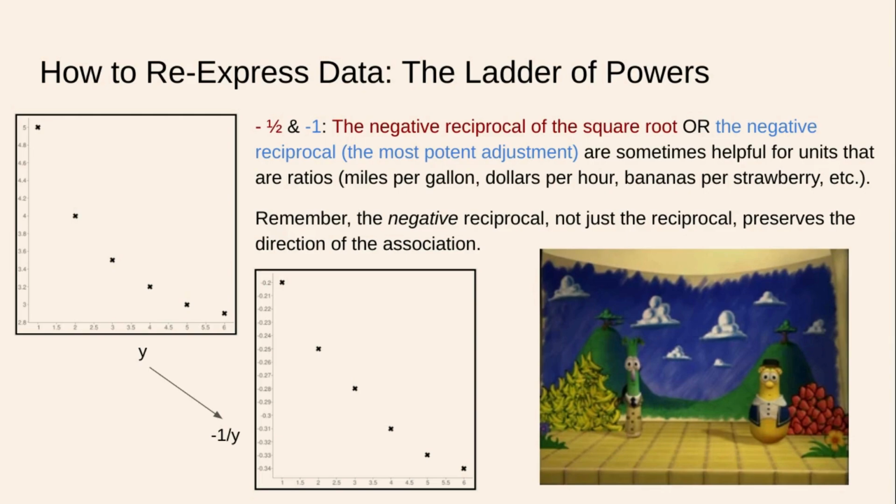If we have a ratio and the data are curved, like we have over here, flipping that ratio can straighten things out. And remember, we want the negative reciprocal square root and the negative reciprocal so that our data are going the same way. If our data are down and to the left, I want these data to be down and to the left too.